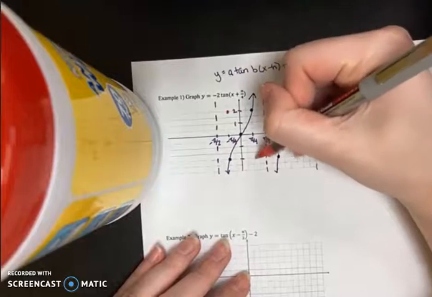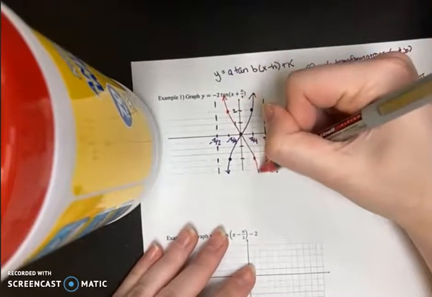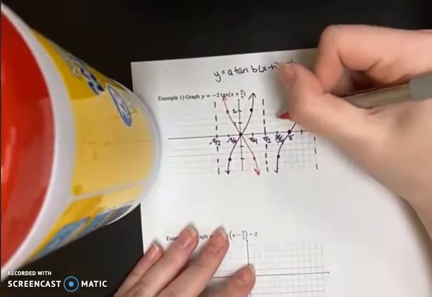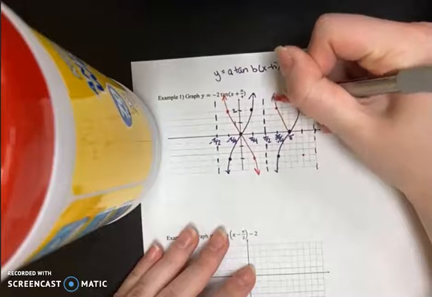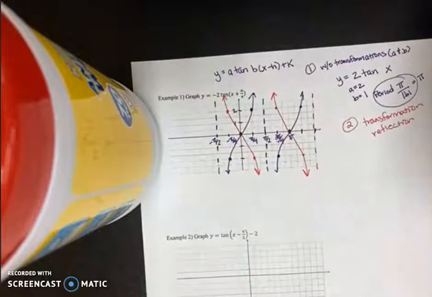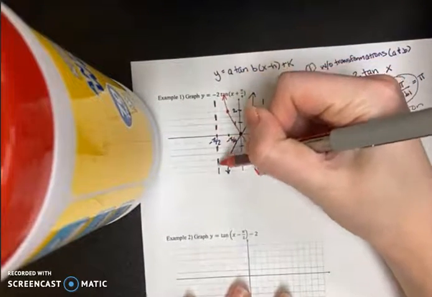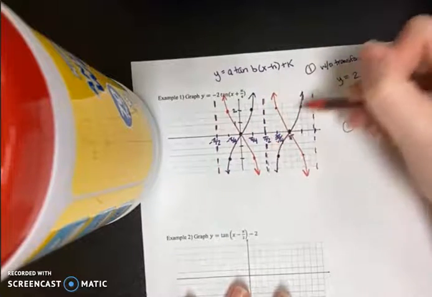Instead of up 2, we're going to move down 2. So we're basically reflecting about the x-axis, or it's going to be a mirror of what we currently had. Now, just so you know, these asymptotes are still the same. They're still there. It's just the reflection didn't impact it at all.